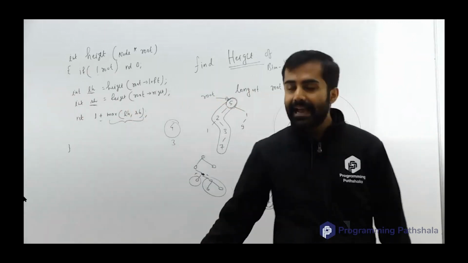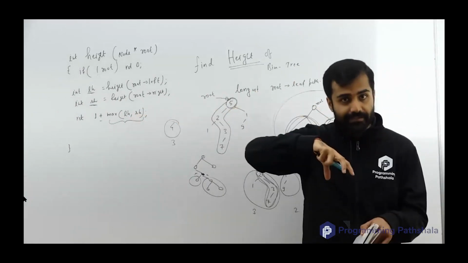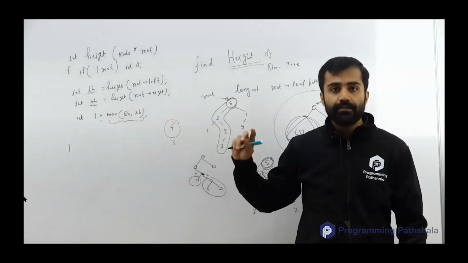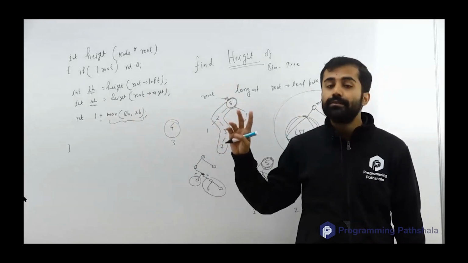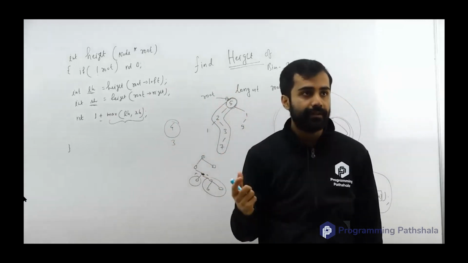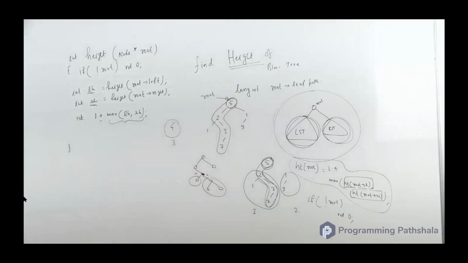So I can say at each node, you are finding the max of 2 integers that are being supplied to you and adding 1 to it. So if there are n nodes, because you are doing constant work at each node, your overall complexity will be order of n. Does that make sense to everyone, how the time complexity here is order of n?